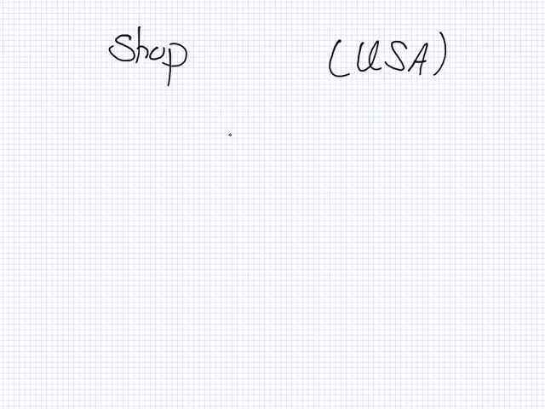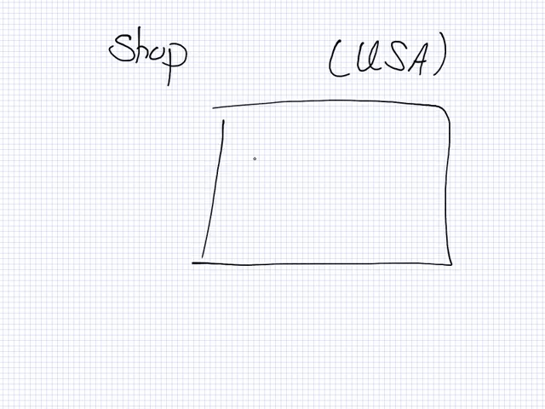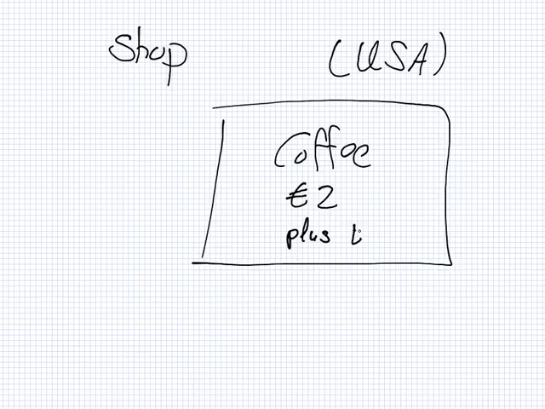You might see in a shop, this is normally in like USA, for example, they might have something like coffee, €2. But then at the bottom it would say, plus tax.